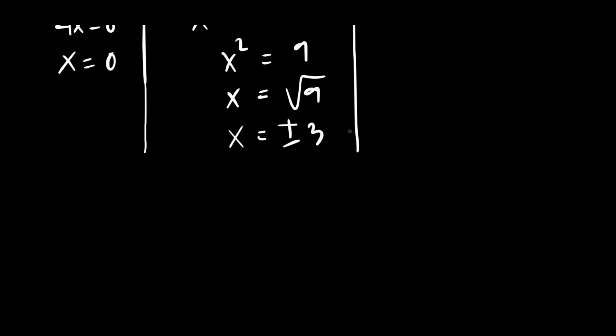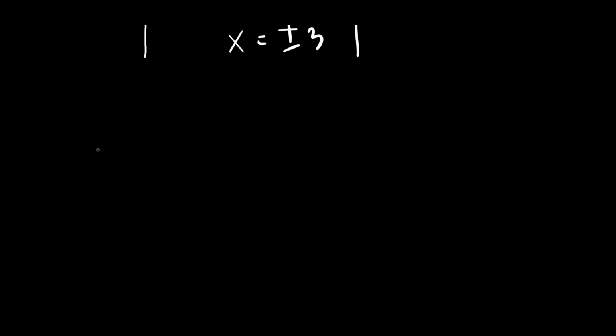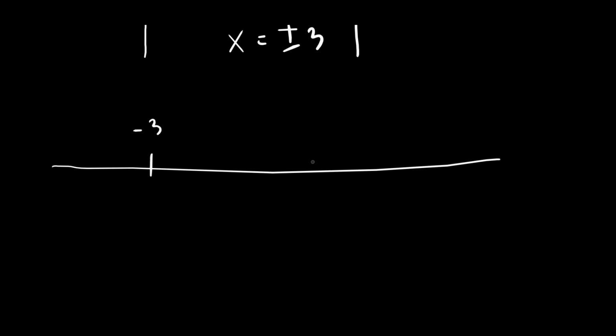So this is now our critical points. After this one, we'll plot a number line. So let's say this is negative 3, this is 0, and this is positive 3. We'll have a line here to separate its boundary.